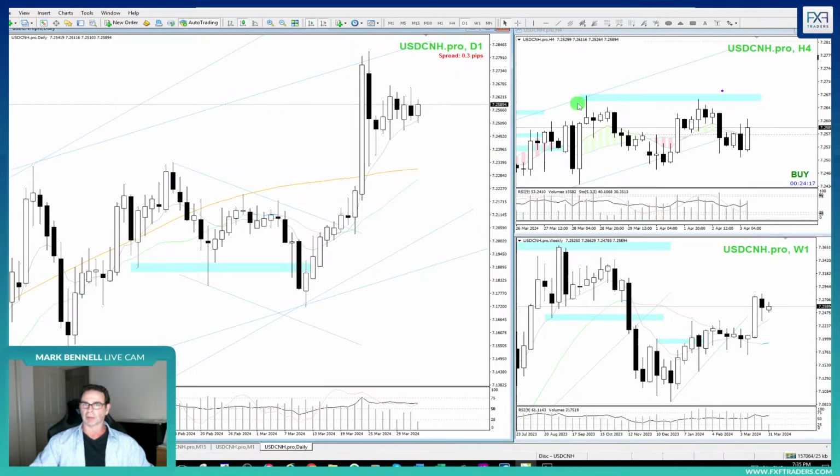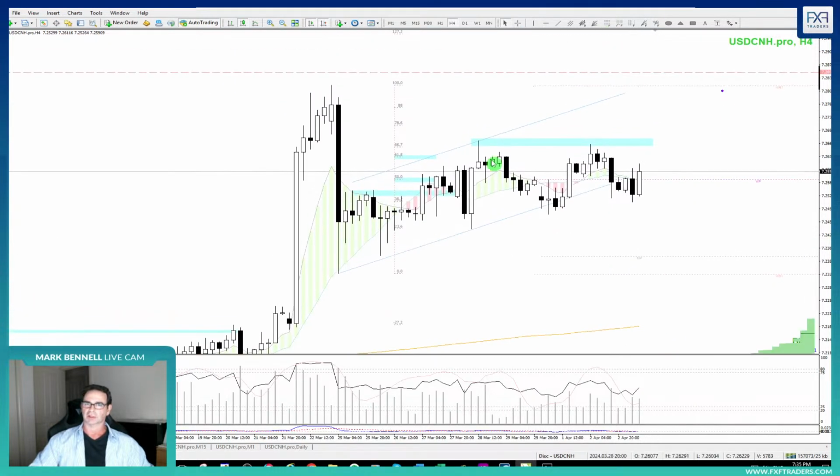Dollar Chinese yuan. Remember this? We were looking for a break through the high. Not interested otherwise, right? Because this could turn into just a look A, B, and into C. So look, this is okay, but look, it's struggling.